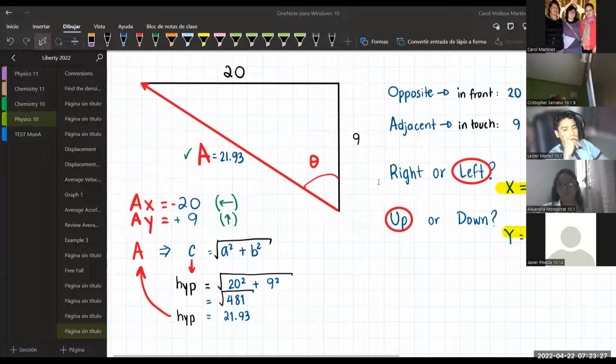Some other times I'm going to give you just the hypotenuse, and you will have to find the components. But let's try with another example of this. I want you guys at this moment to ask me if you have a question, or if you want me to repeat an explanation of a part of this procedure.